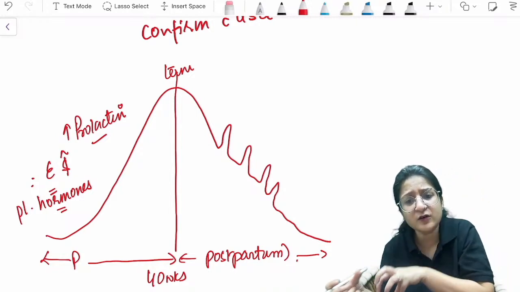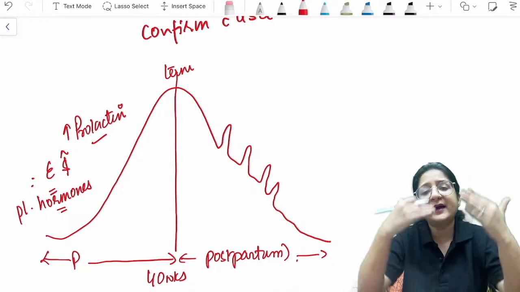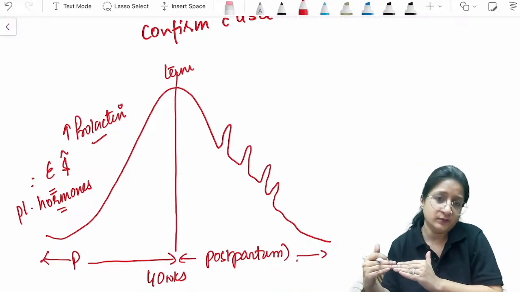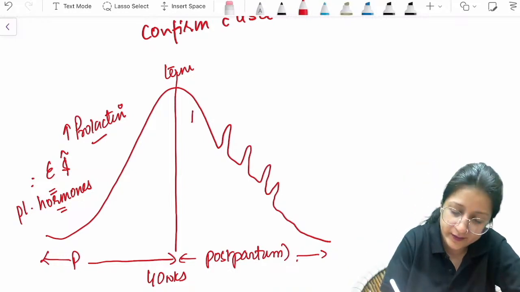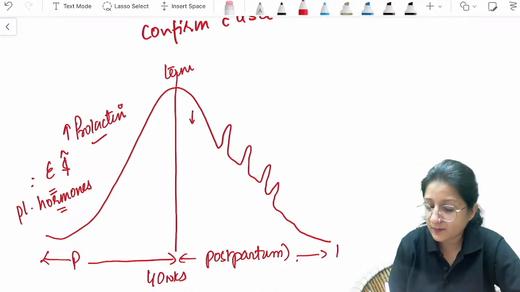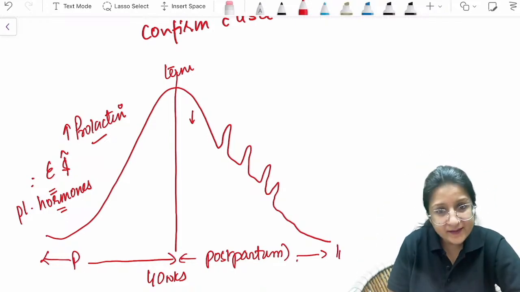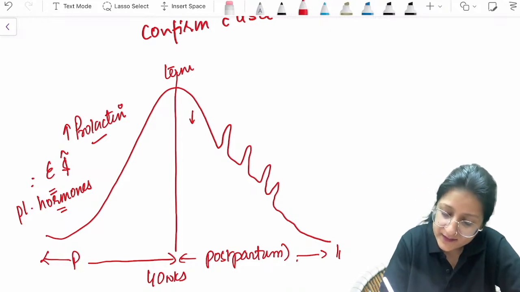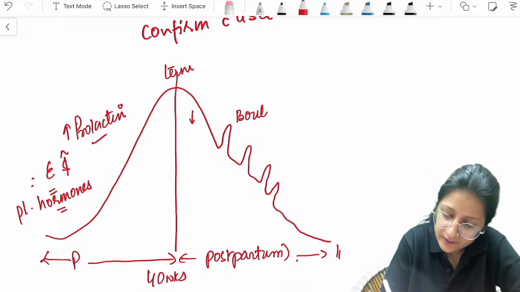So, when the placental hormones decline, the prolactin levels are going to come down. Isn't it? It will take some time for the prolactin levels to come back to non-pregnant levels. What are these bouts of increased prolactin?